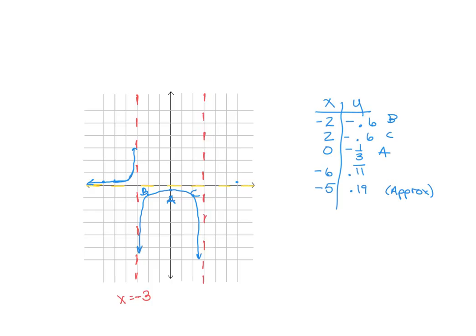It is an even function, and so we are going to see that it's going to look the same on the other side as well. All right, I'm going to call this D and E. And we'll go F and G.